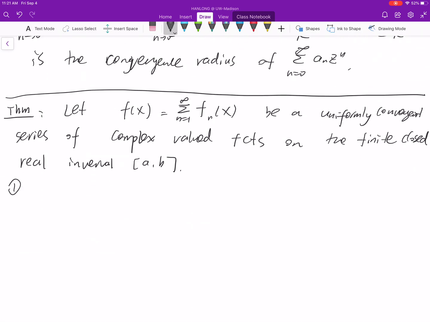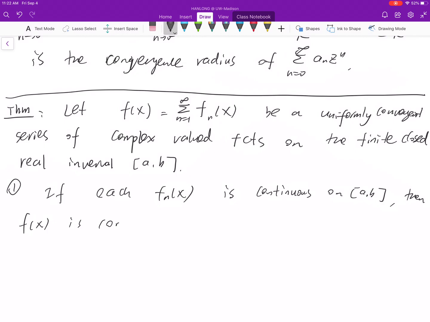Then the following holds. First, if each term f_n(x) is continuous on [a,b], then f(x) is continuous on [a,b]. Okay, so this is first.